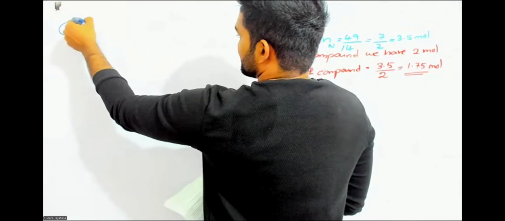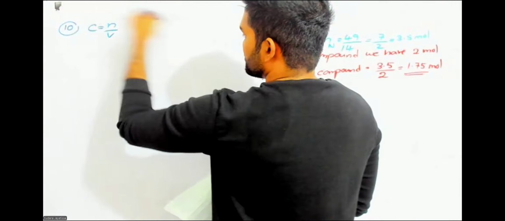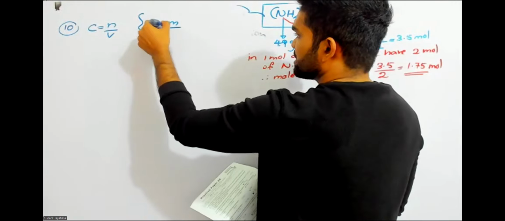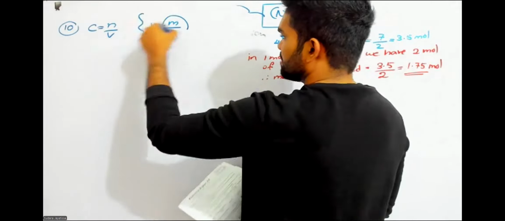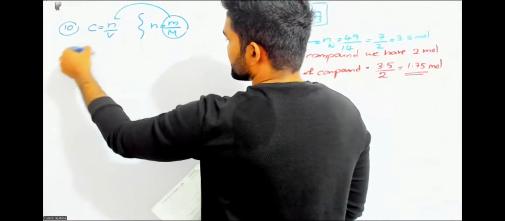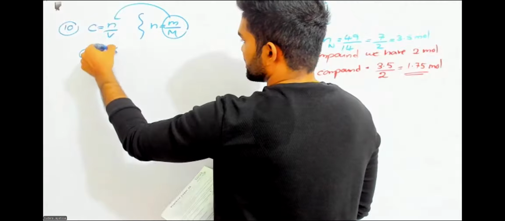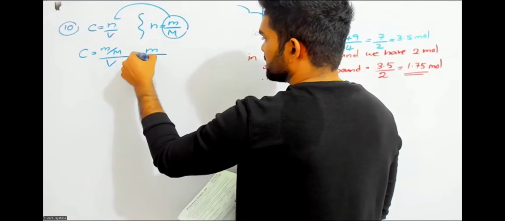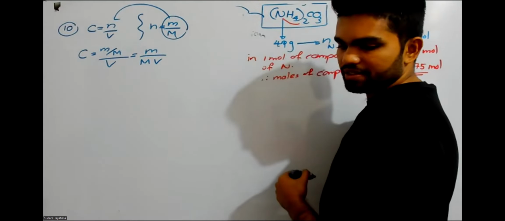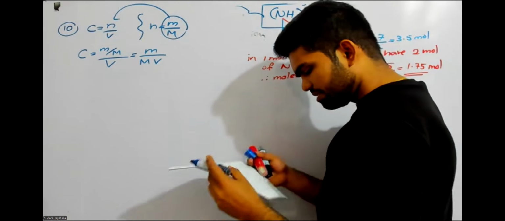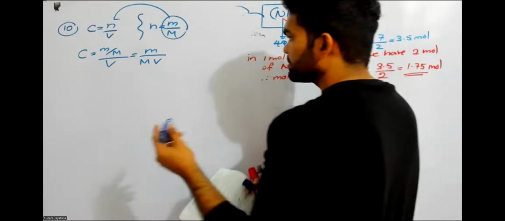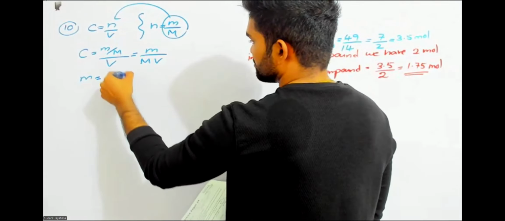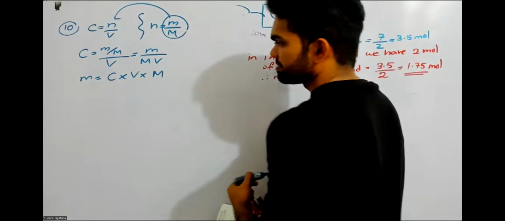So concentration equals moles over volume, and moles equal mass over molar mass. So you can plug this term here: C equals small m over capital M V. If you need the mass, simply small m equals concentration times volume times molar mass.